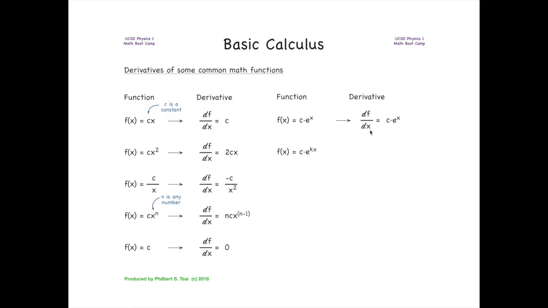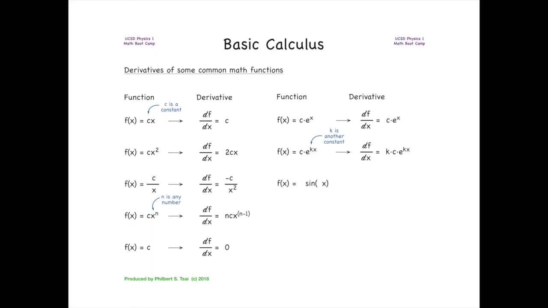On the other hand, if our function is c e to the kx, where k is yet another constant, then calculating the derivative involves bringing down that k while leaving the rest of the expression unchanged. So the derivative of c e to the kx becomes k c e to the kx.